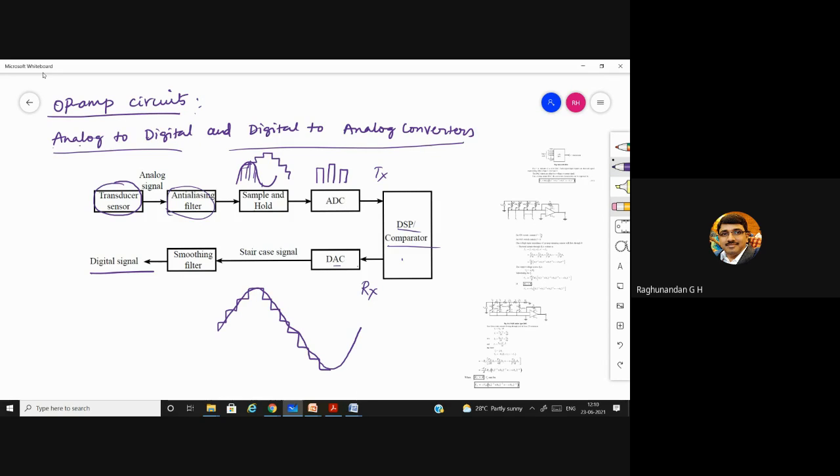Here we give the analog signal from the transducer, and finally it gives the digitally processed signal as the output.